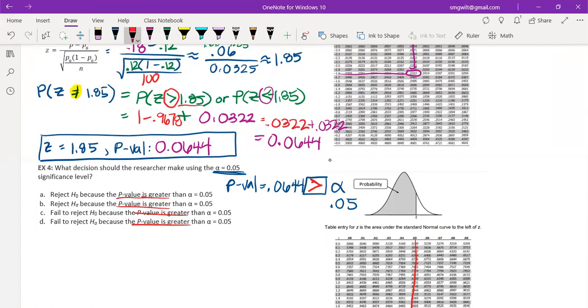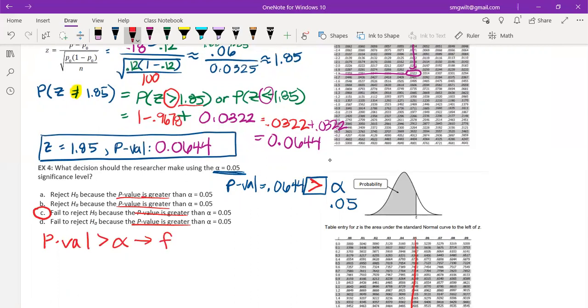And so we need to know which one's correct. So if the p-value is greater than alpha, that means that we're going to fail to reject, okay? So we're going to fail to reject always the null hypothesis. So the correct answer here is C. So ultimately you have this thing. So your p-value is greater than alpha.